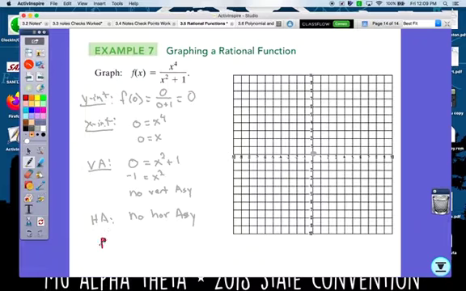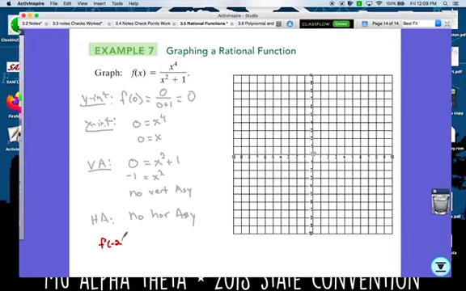I'm going to try a -2. If I plug a -2 in, I get -2 to the fourth over -2 squared plus 1. The top gives me 16. The bottom gives me 4 plus 1, which is 5. And 16 over 5 is 3 1/5. So I know I'm going to be up here just past 3 when I'm at -2.